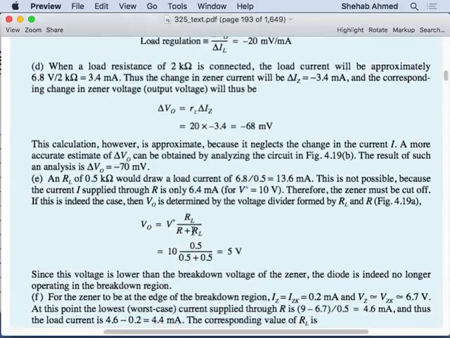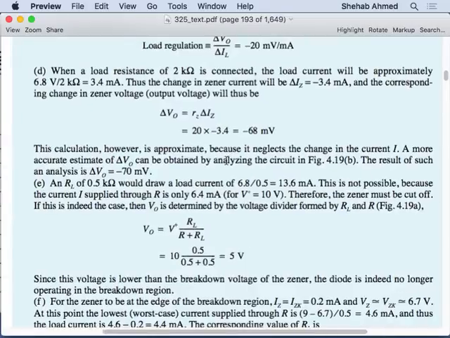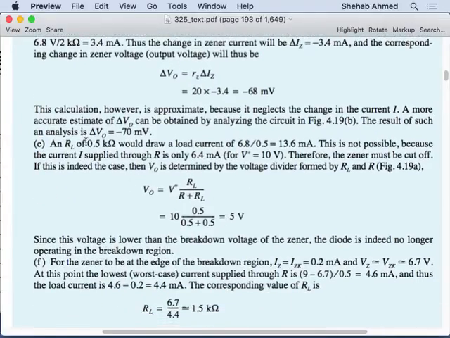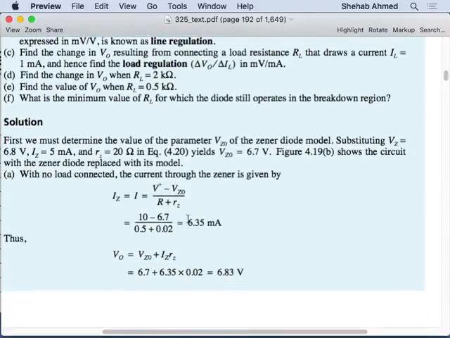So here, they give another resistor where it works, and then they give you 2 resistor values where it works, and then they give you a third resistor value where it doesn't work. So at RL equal to 0.5 kilo ohms, what is the current that you're drawing into the load? It's 13.6 milliamps. Okay, let's go back to our original no load condition. Our original no load condition was 6.35 milliamps.